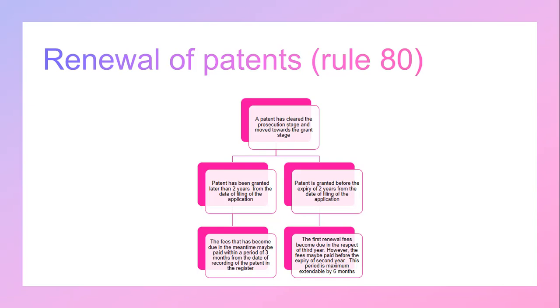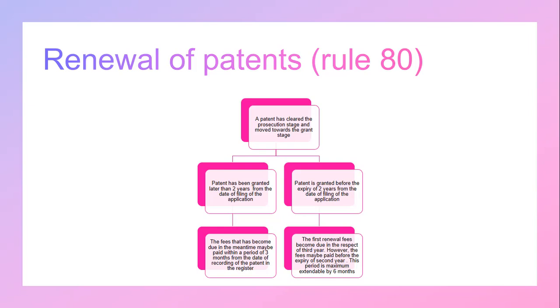But if a patent is granted before the expiry of 2 years from the date of filing of the application, then the first renewal fee becomes due in respect of the third year, right? But the fee may be paid before the expiry of the second year. So whatever this time is, it is extendable only by 6 months. So please remember this scenario.